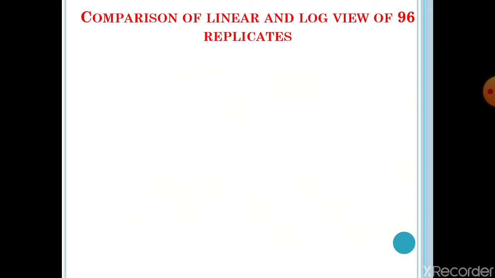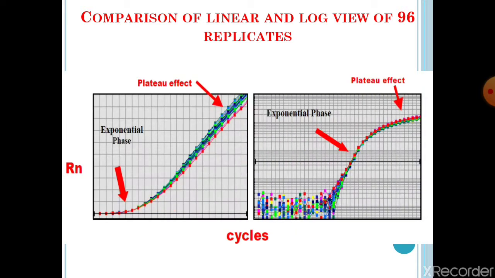Now we can understand this better by comparing the linear and log views of 96 replicates. You see these two pictures, the plateau effect. The first picture shows the linear view and the other is the log view. I am trying to explain the plateau effect with these two graphs.